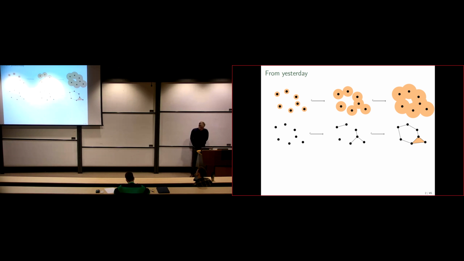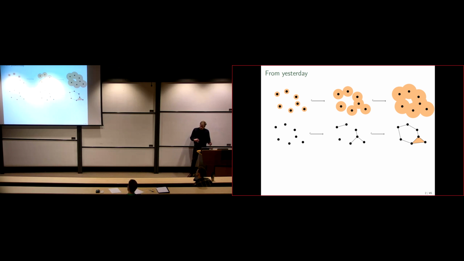So persistent homology. What you see here in the image, on the upper part, is a filtration of a point cloud. The idea with persistent homology is to extract topological features from a point cloud, a set of data points.